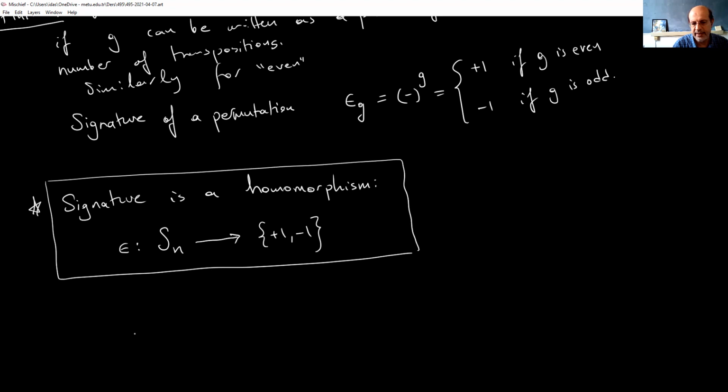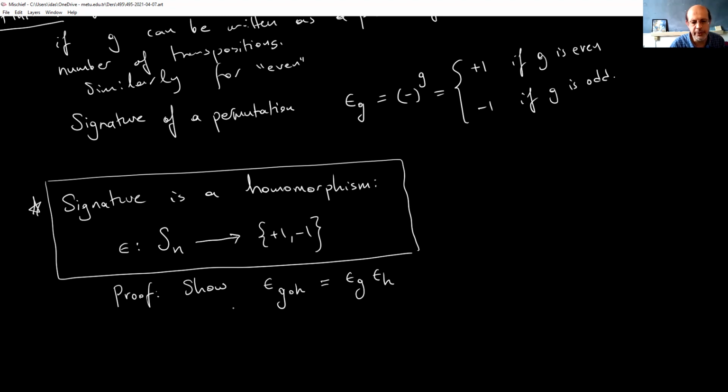Think of it like this. It's a theorem, but to prove this, I'm just going to leave that to you. Show that the signature of a product of two permutations, let's say g h, is equal to the product of these signatures. Just show it however you want, all right?